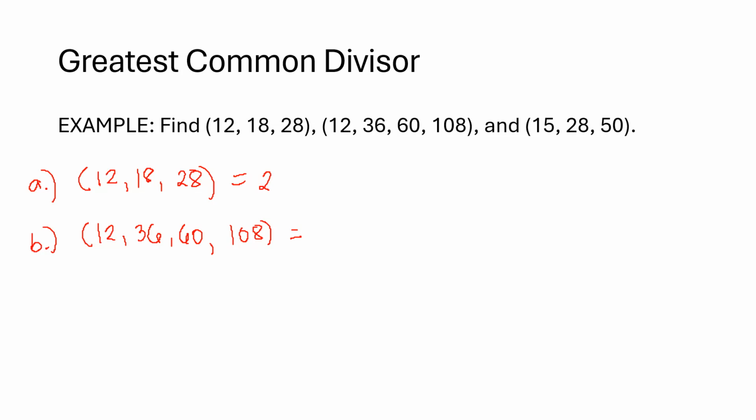So the answer for this one is 12. And for letter C, the GCD of 15, 28, and 50 is equal to 1. So in this case, 15, 28, and 50 are relatively prime with each other.